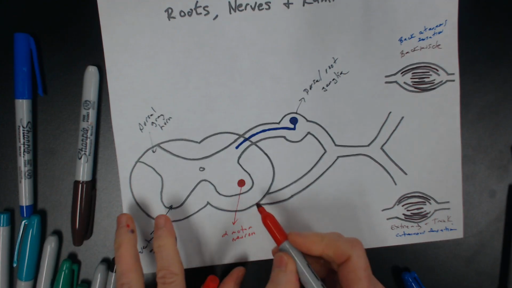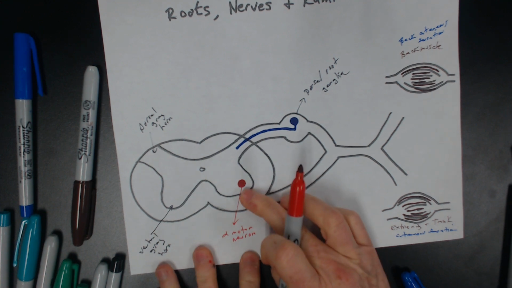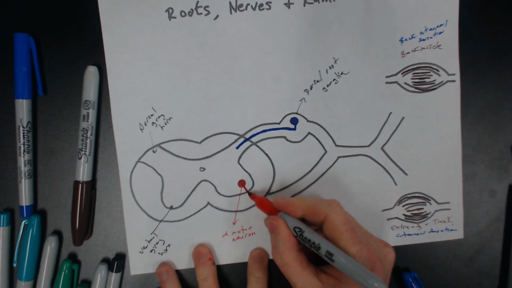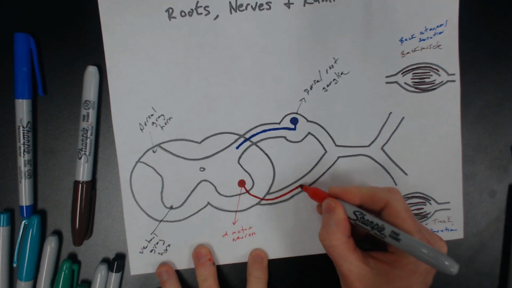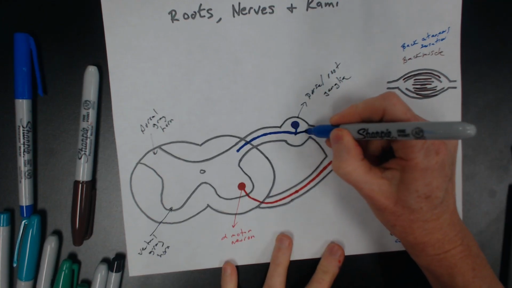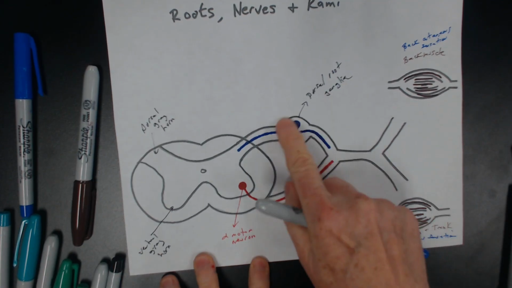Now, out of the ventral gray horn, out of this alpha motor neuron, axons come out and they travel through this structure here. Okay. And then the dendrites coming from the pseudounipolar neuron traveling through here. So this is the dorsal root ganglia.